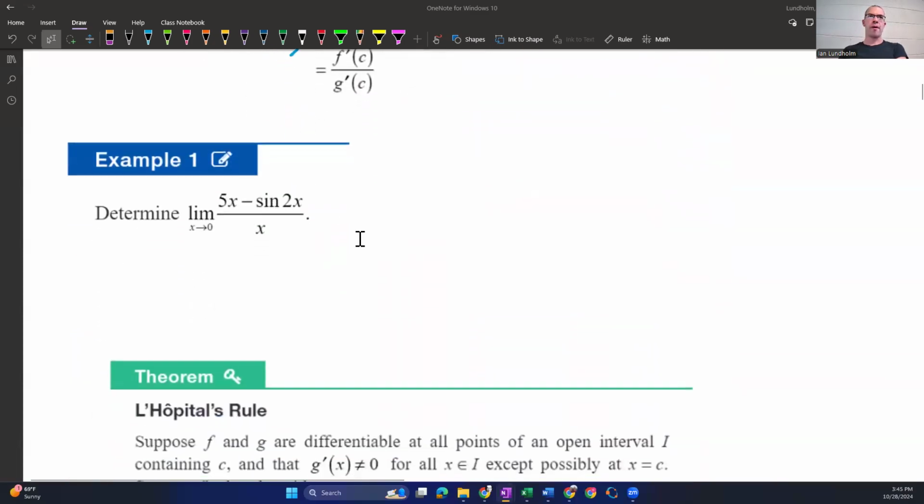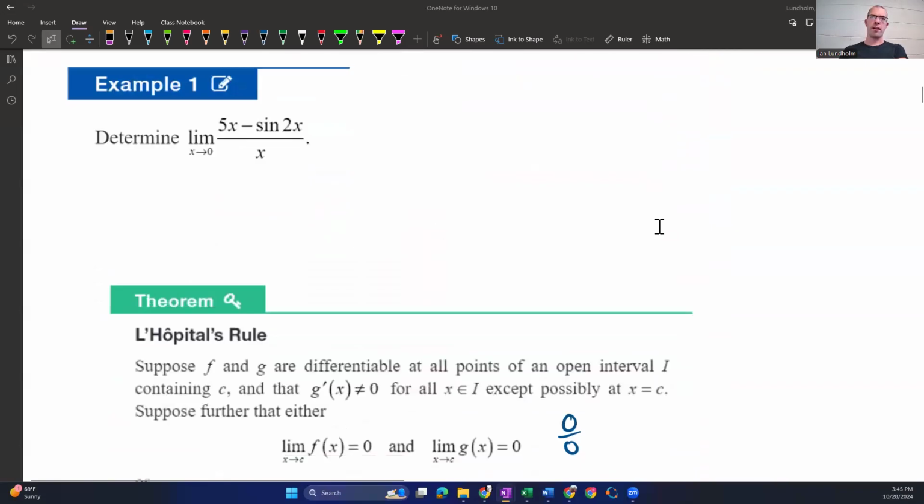All right, so number one, we've got the limit of (5x minus sine of 2x) over x as x goes to 0.